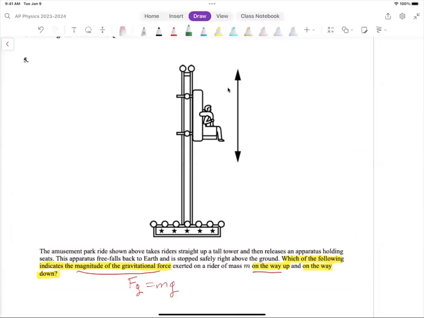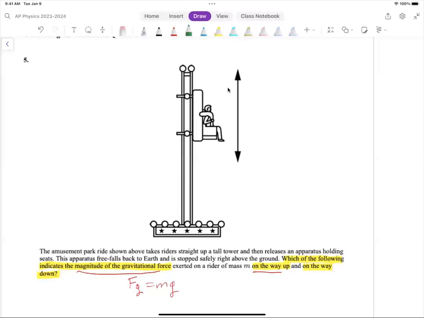I got a picture, guy's on a ride. The amusement park ride shown above takes the rider straight up a tower and then releases an apparatus holding seats. This apparatus free falls back to Earth and is stopped safely right before the ground. Which of the following indicates the magnitude of the gravitational force Fg exerted on the rider of mass m on the way up and on the way down?